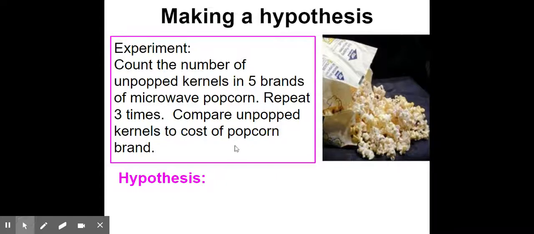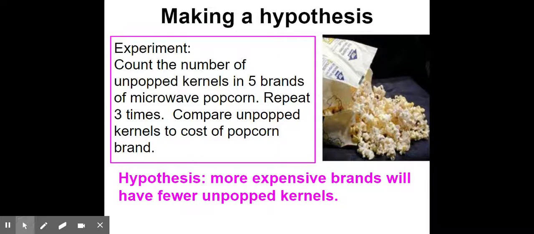If the experiment is count the number of unpopped kernels in 5 brands of microwave popcorn, repeat 3 times, and compare the unpopped kernels to the cost of the popcorn brand. So in this hypothesis, we want to look at popcorn and then the cost of the popcorn and the unpopped kernels. It's a prediction about the number of unpopped kernels relative to the cost of the popcorn brand.